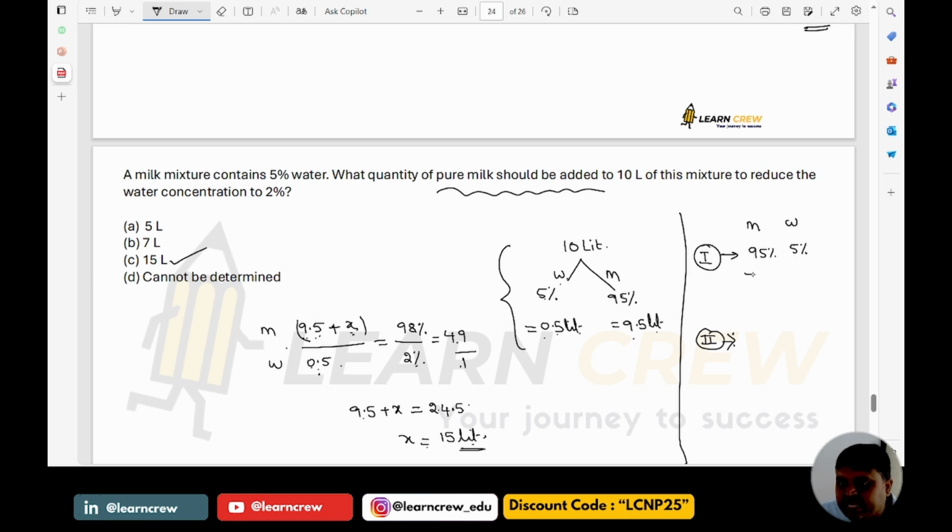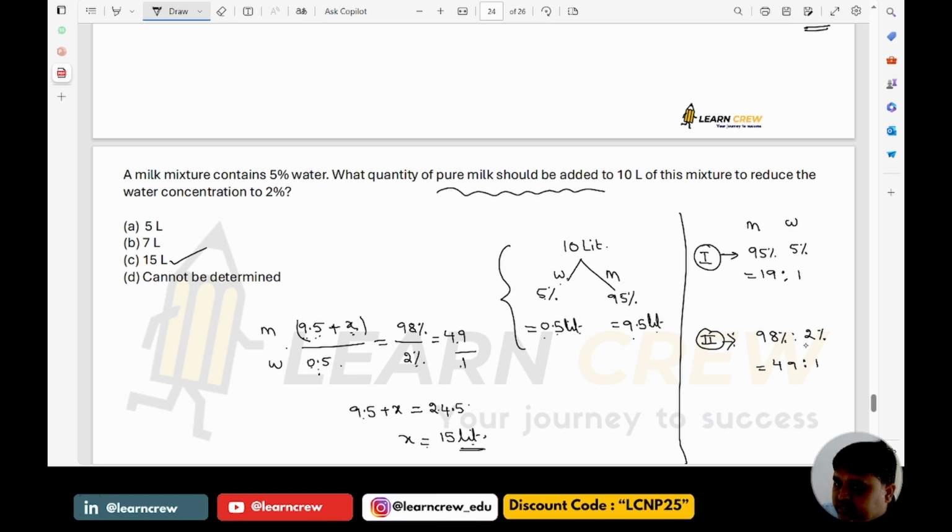Right? So 19 is to 1. Now you have milk 98% and water 2%. So the ratio is 49 is to 1.